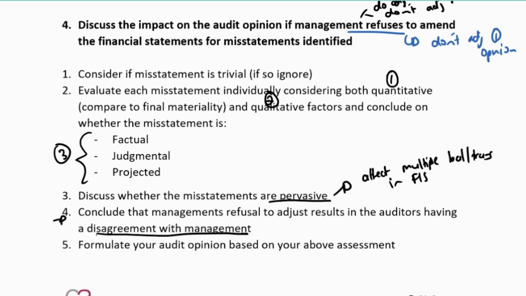And then I give my opinion based on whether the misstatements are quantitatively and qualitatively material and pervasive, because they're lots, so I will have a specific opinion that shows that there are lots of material misstatements. Okay, and we're going to get to the opinions next. So let's quickly look at the standard and then we can attempt a question.